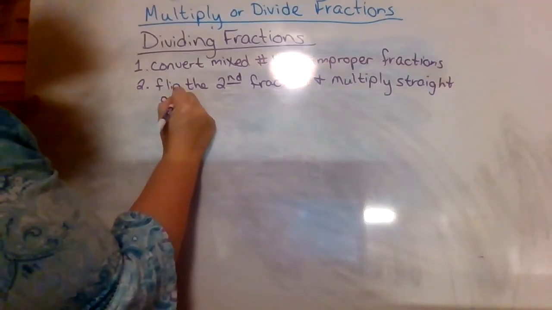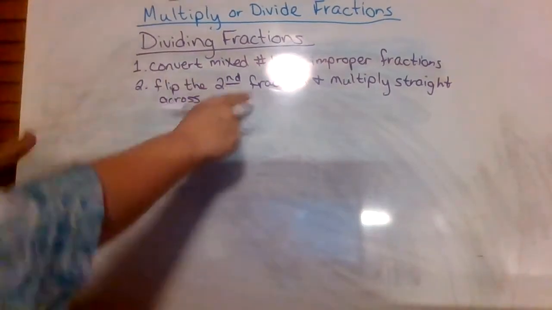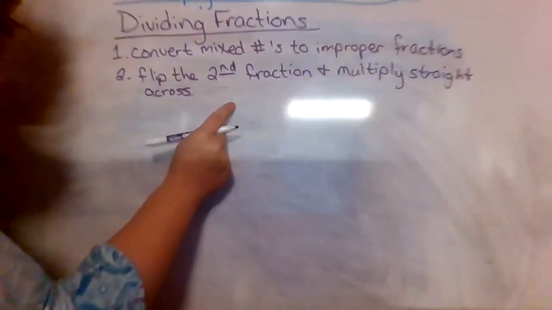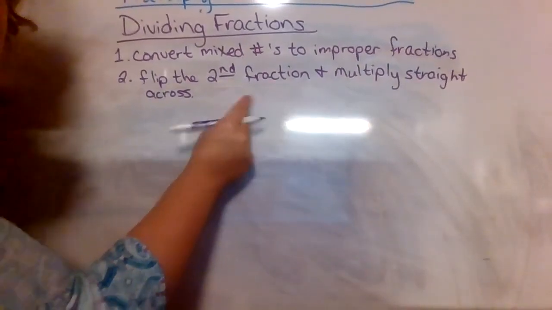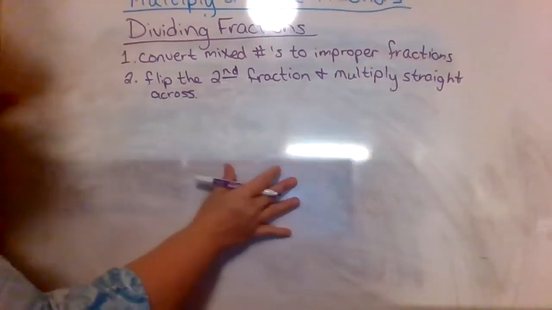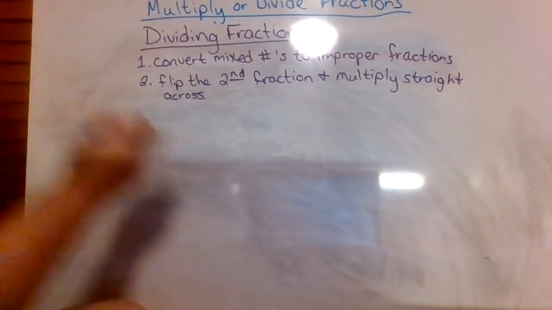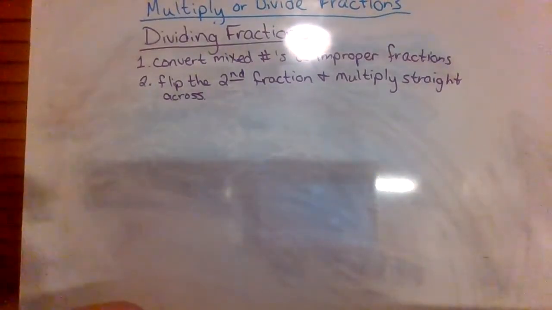Okay? That is literally the only difference, is we have to flip that second fraction. So you're going to flip the second fraction and multiply straight across. That's the only difference between this and multiplying. You have that one extra little piece.